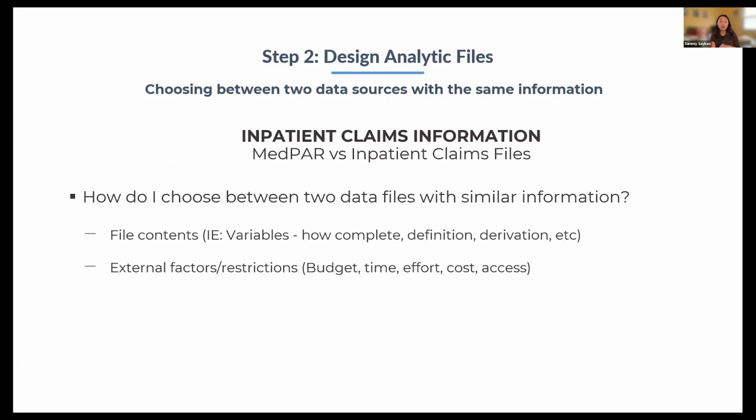Do the definitions of the variables meet my expectations, or will they help me complete my study? Where are the variables derived from, if they're derived variables? For example, MedPAR does have summary variables. And then you have external factors and restrictions. You have to think about your budget, your time, your effort, all these other things that might determine whether or not you can have MedPAR versus inpatient claims files.